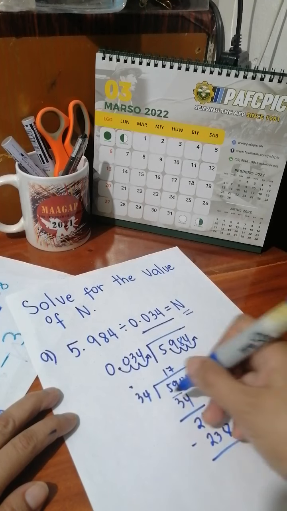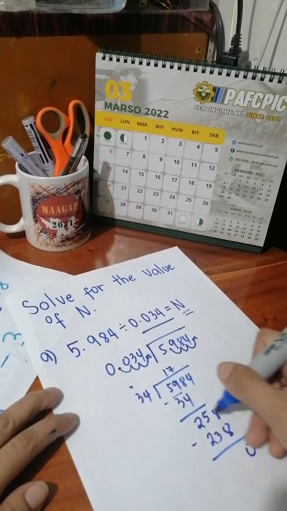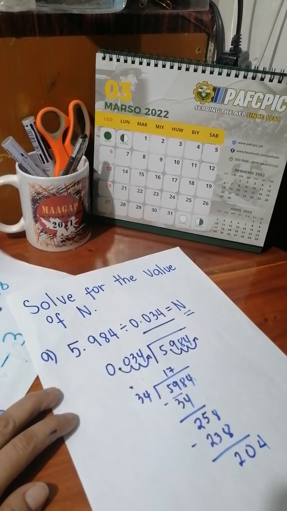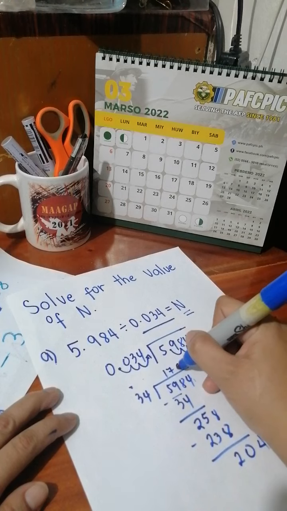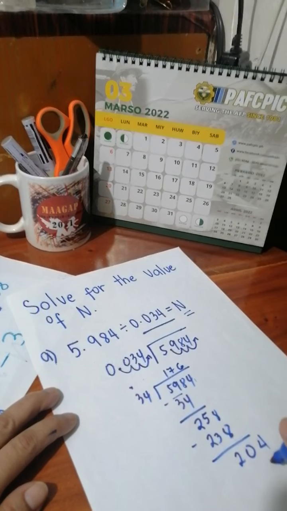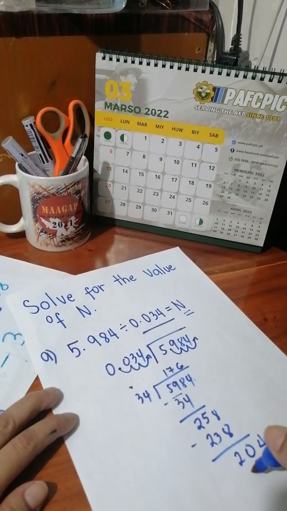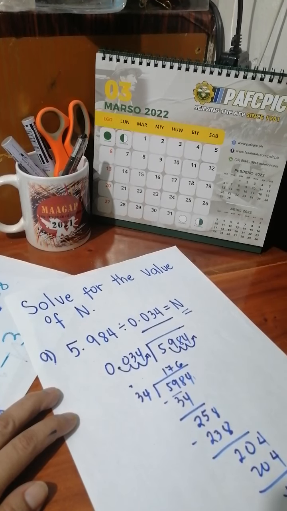Subtract. So, we get 0 here, 2, and then bring down 4. So, this one, how many 34 can fit to 204? That will be 6. So, 6 times 4 is 24, 18, 20. So, eto siya.